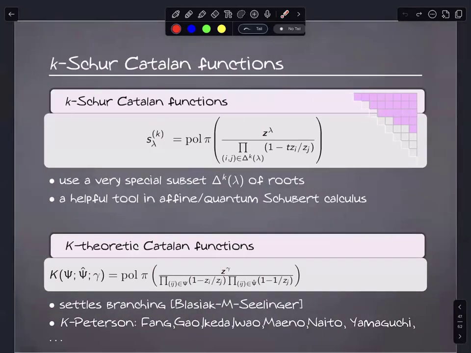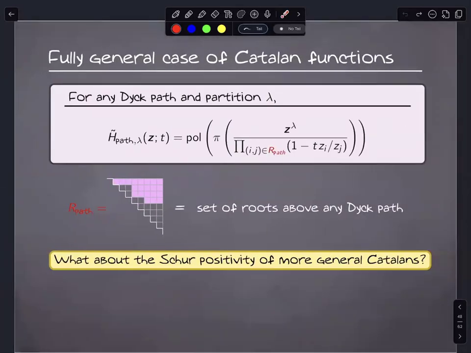Okay, so whatever. This is not just a brag session. It's actually going somewhere. So we discovered that this Catalan function stuff was really useful, at least for K-sure functions. So we could prove this particular Catalan function was Schur positive. Then we were like, well, what would we do next?